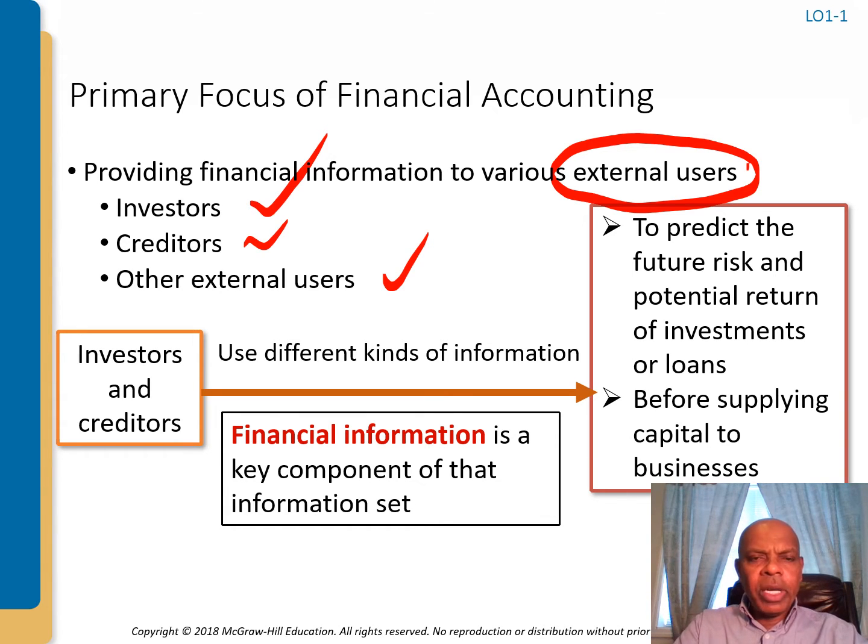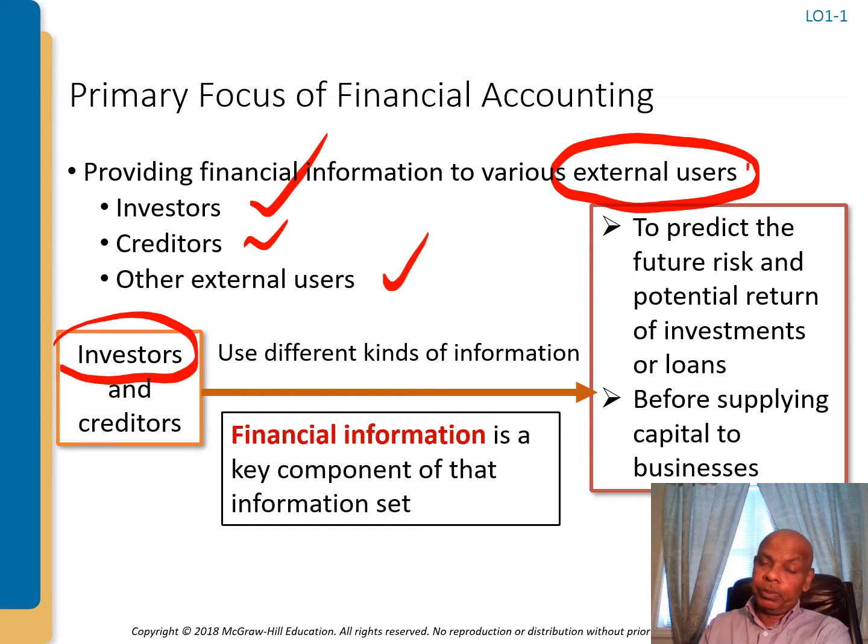Investors and creditors use the information to what? To predict the future risk and potential return on investments or loans before supplying capital to a business. What does that mean? What are investors? Investors put money into a business as capital. If you're an investor, you buy shares of a corporation.